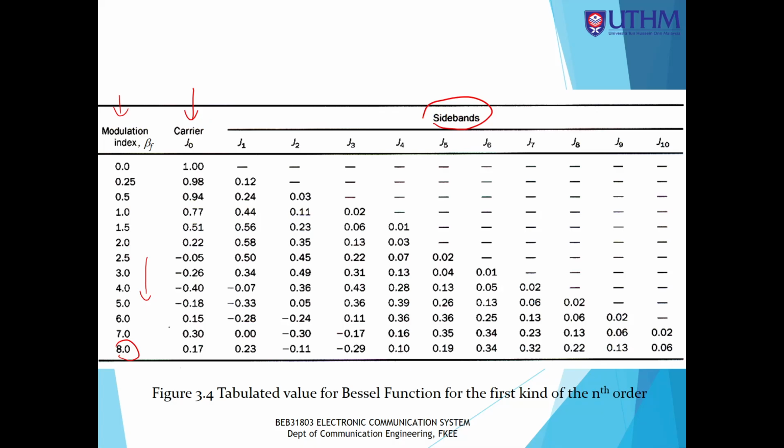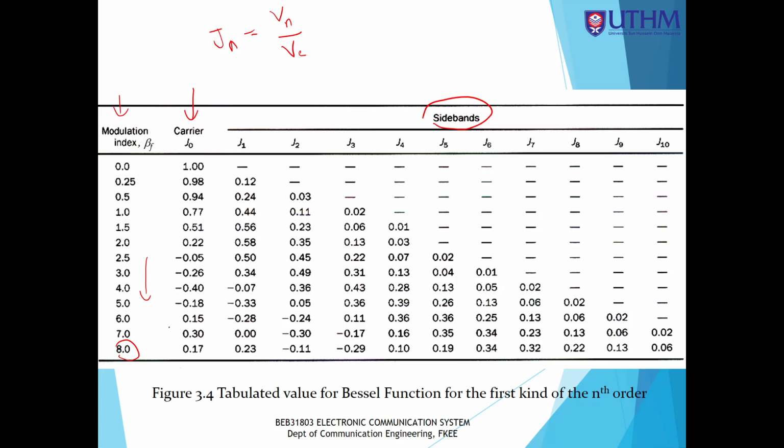Okay, and the value of the carrier and sideband component is related to the relative amplitude. So all the values that you see from J0 until J10 are what we call the relative amplitude. So what is the relative amplitude? It is Jn equal to Vn, the real amplitude, divided by the carrier amplitude.